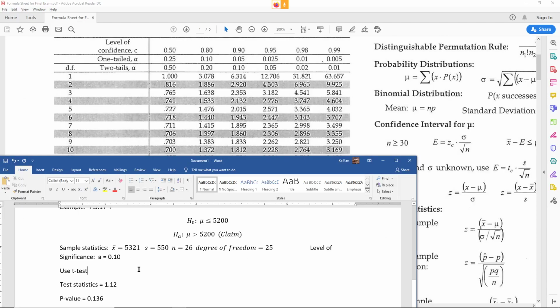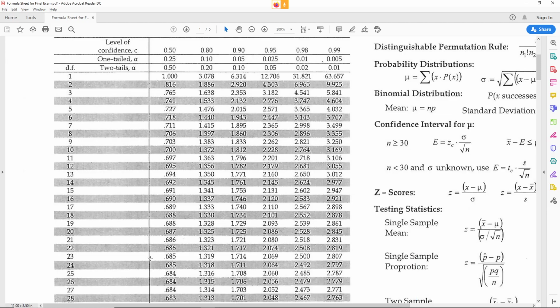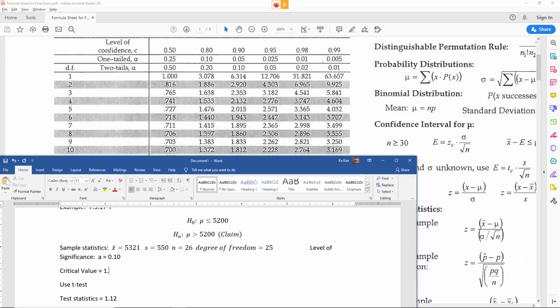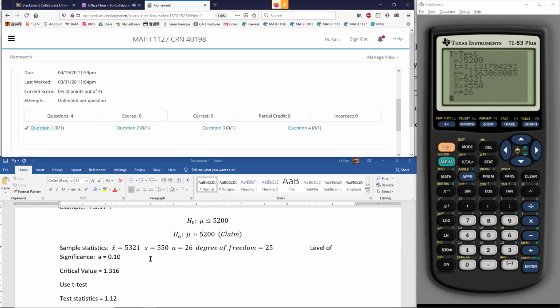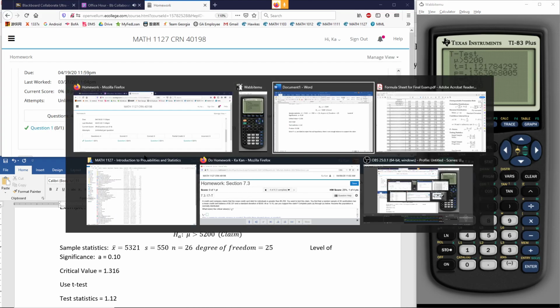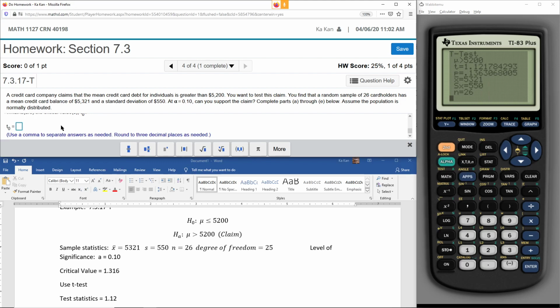So this is what we call the critical value. So the critical value is 1.316. So let's answer that. 1.316.